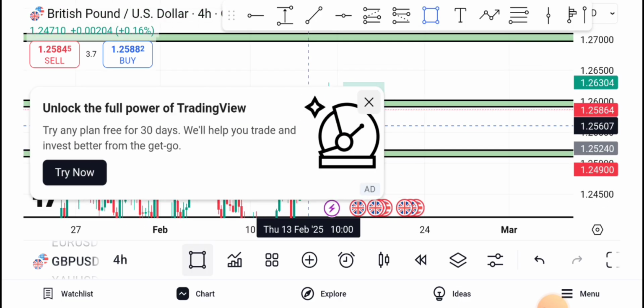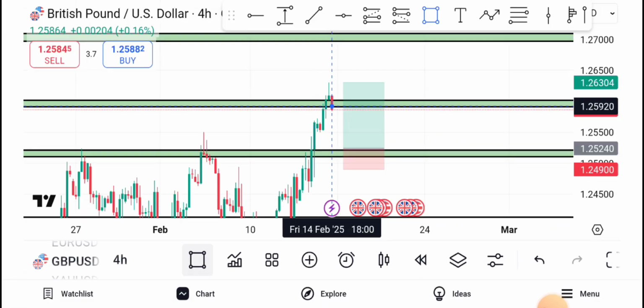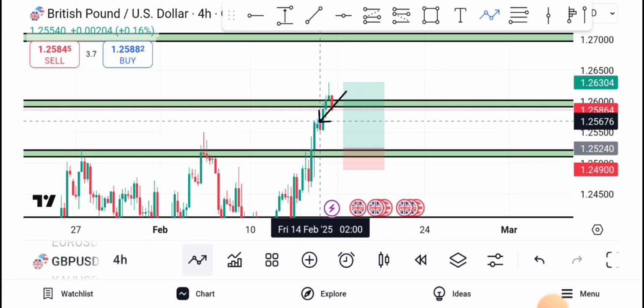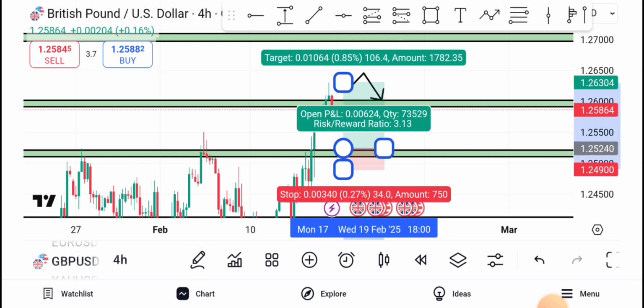This setup will become invalid when price uses this mini resistance here to push the market up. Then you wait for the retest here and you buy it to the upside.